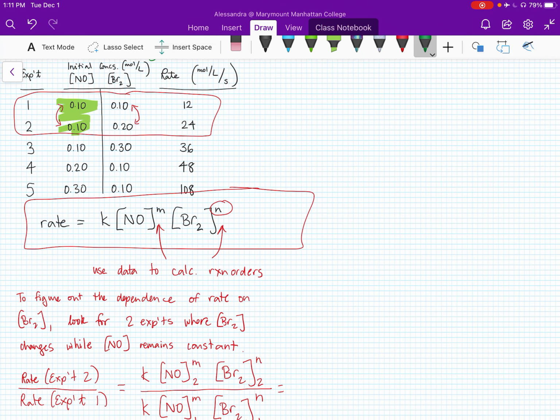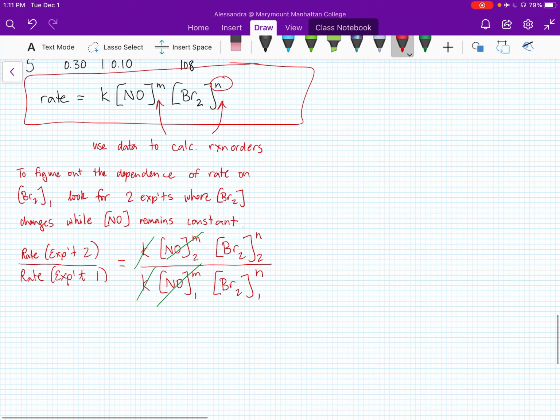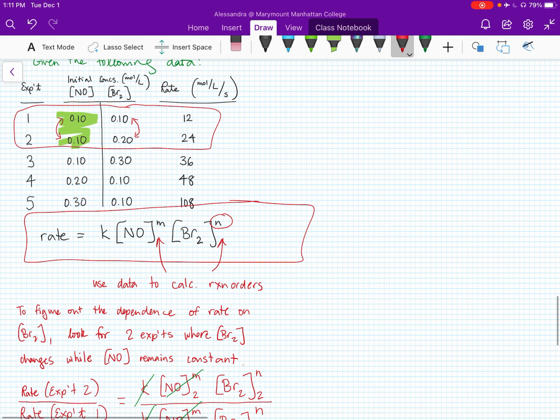And that means I can cancel those because they're the same. K is a rate constant, so I can cancel K as well.